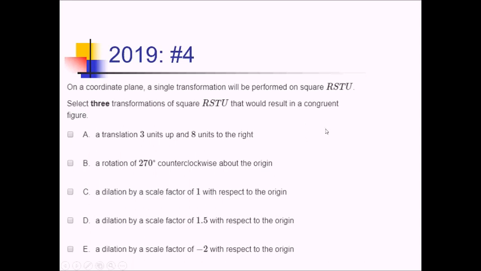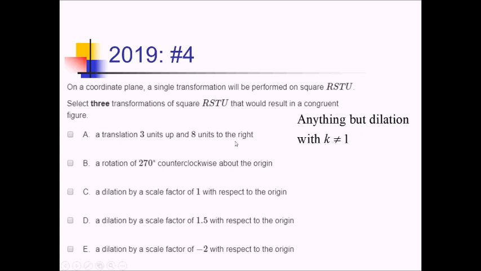Reflections don't change anything, neither do translations or rotations. I mean, they'll flip, rotate, or move your shape, but they won't change how big it is. The only thing that will change it is if you have a dilation with a scale factor other than 1. So if we want a congruent figure, we really just want anything except a dilation that has a non-1 scale factor. And I mean, a dilation with a scale factor of 1 is kind of silly, but it's a thing.